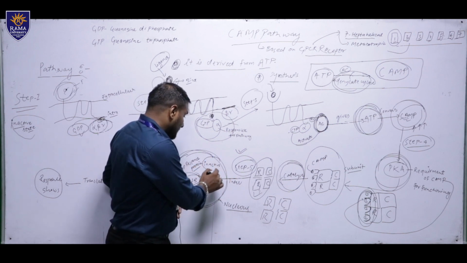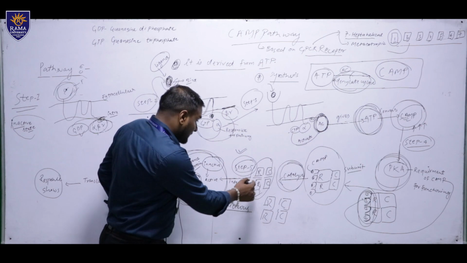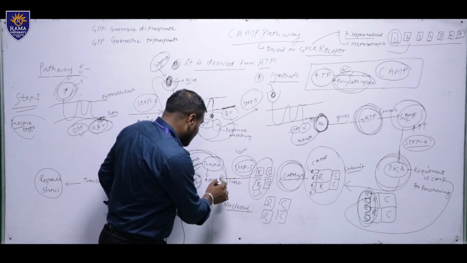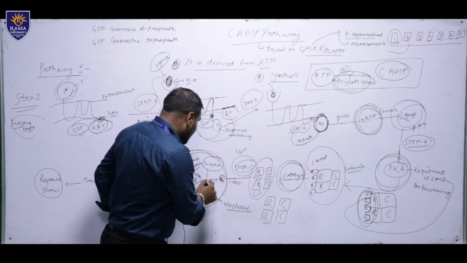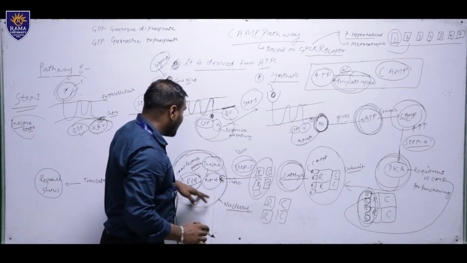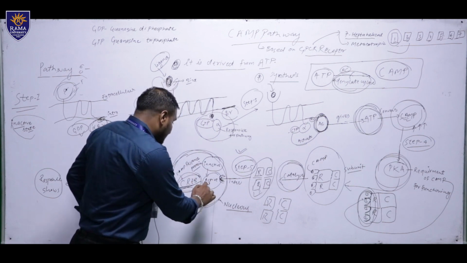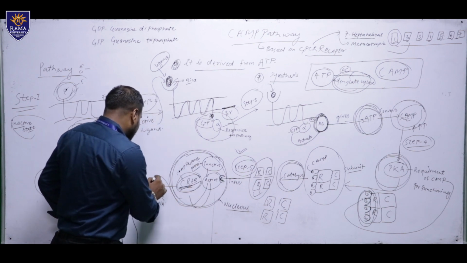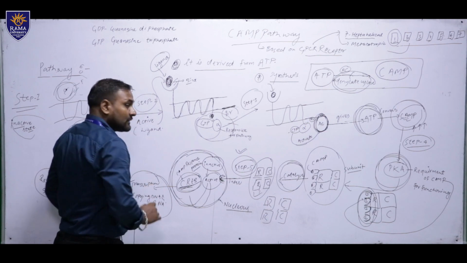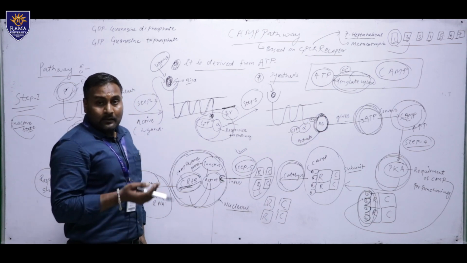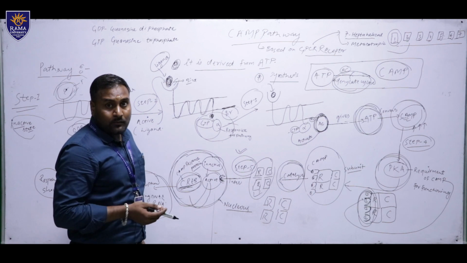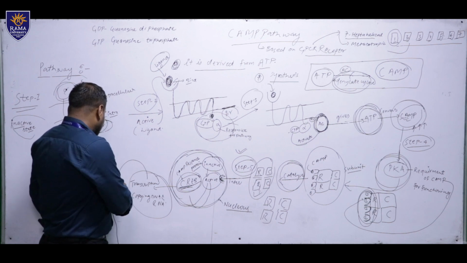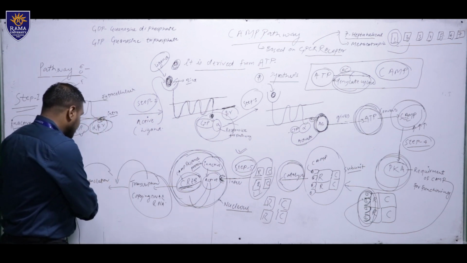You can see here the regulatory subunits enter in the inactive state and then activate the CREB molecule, and after that the active CREB molecule is responsible for transcription, and transcription means copying DNA into RNA molecule fragments, and then it is translated in the next step, that is translation.